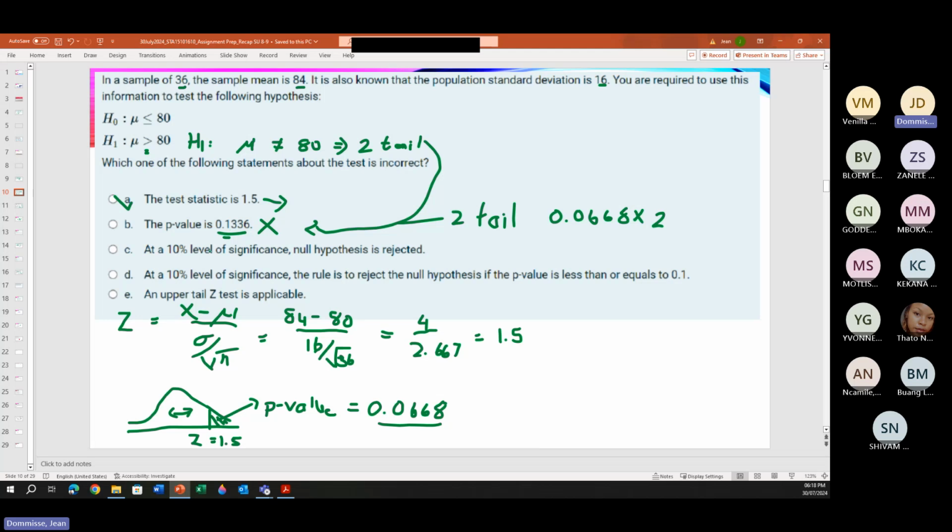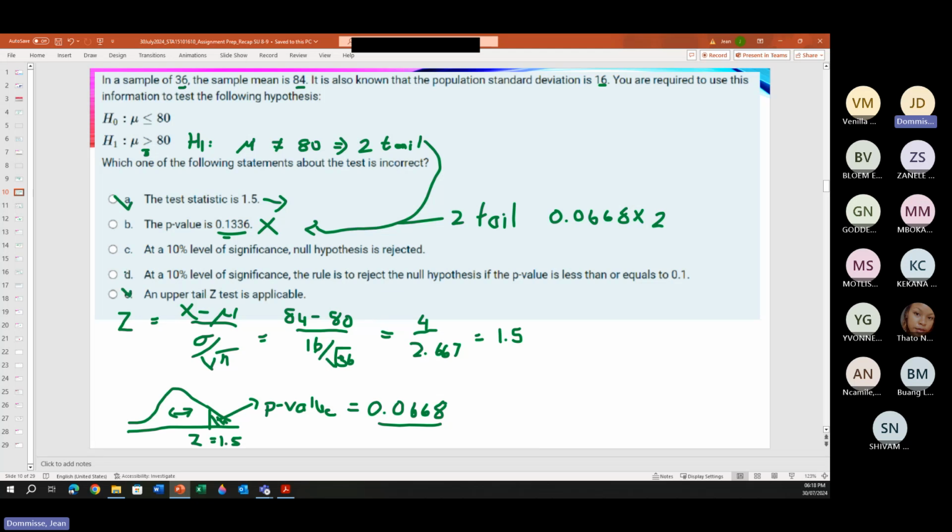Okay, the other ones, the upper Z tail, yes, because it's bigger than. If it was smaller than, it would have been the lower. So again, because of the bigger than, we're looking at the upper tail.